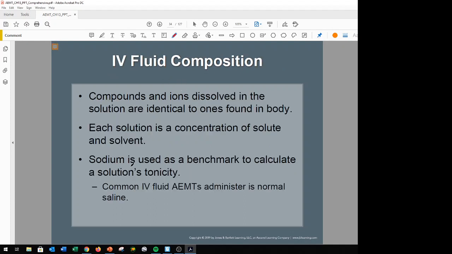The reason why is because normal saline, NaCl, is 0.9% sodium.